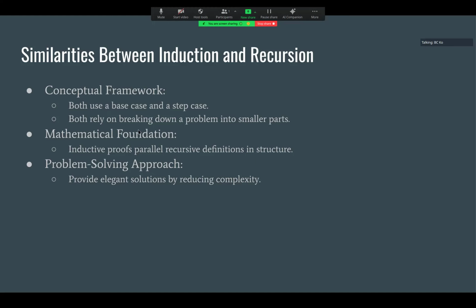Mathematically, inductive proofs often parallel recursive definitions in their structure. In both cases, the problem-solving approach involves reducing complexity by tackling smaller pieces one at a time. This reduction leads to efficient solutions to complex problems.